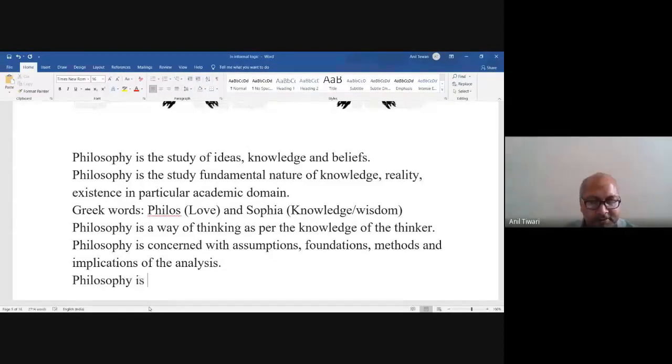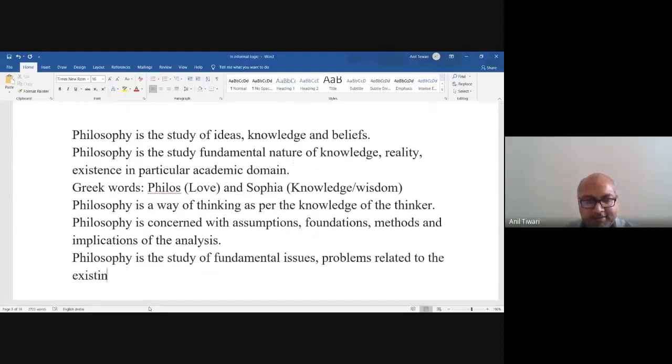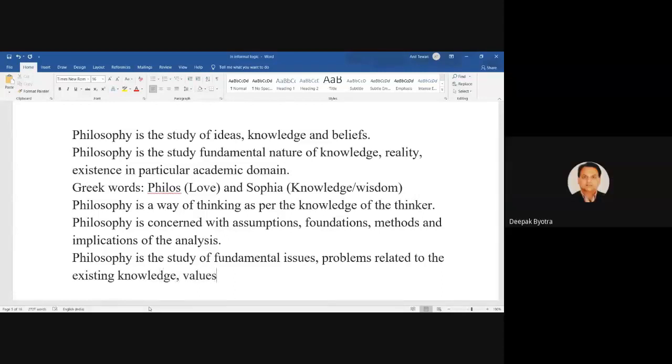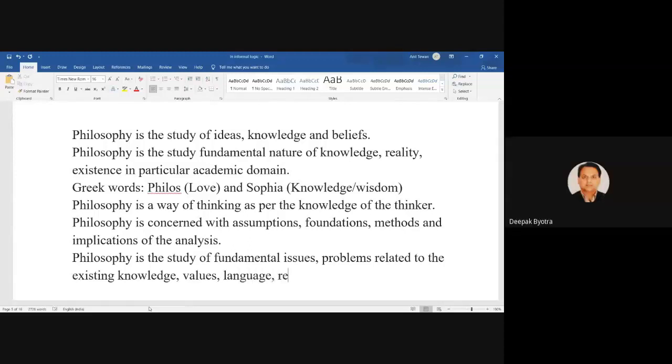So philosophy is the study of fundamental issues and problems connected with existence, knowledge, values, language, reasons, etc. We can add the mind also.